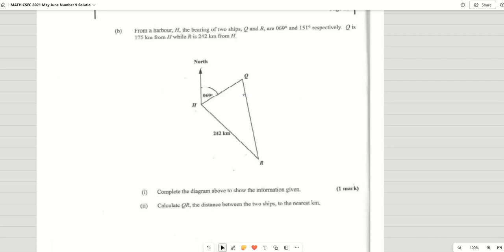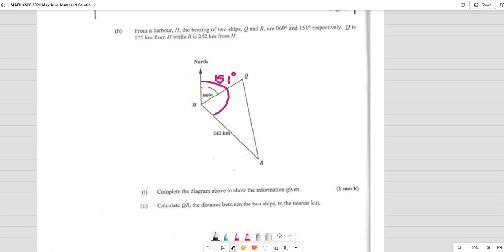from the north line of H to R, which is this line here, it is 151 degrees. Q is 175 from H. Q is here, the length from Q to H is 175.